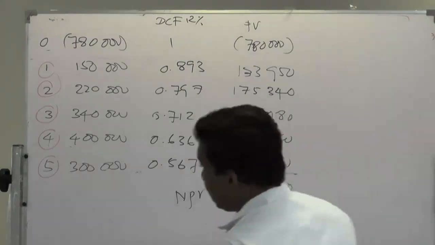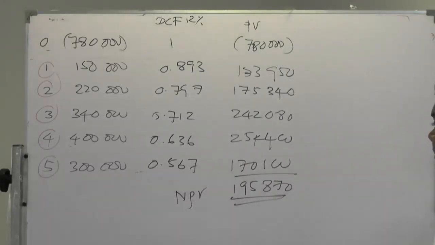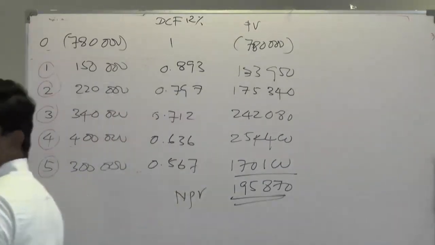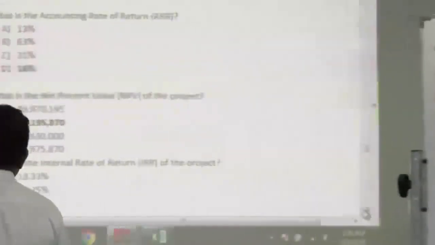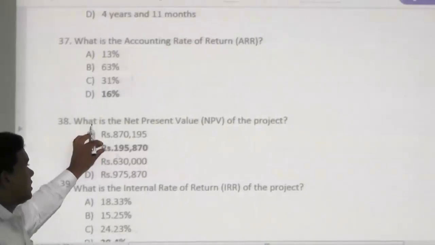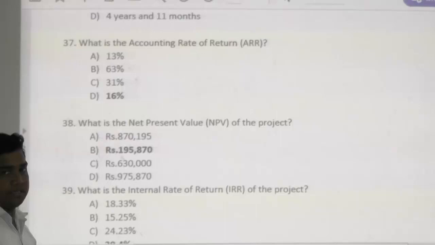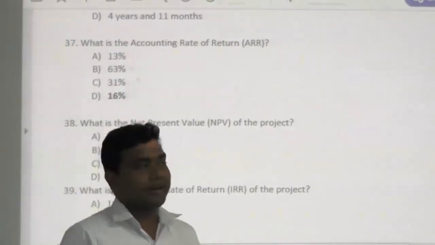Let's see, 195,870 will be the net present value. You can see, I think you have the paper in your hand also. The net present value, 195,870, right? It would be 195,870 net present value. Now our next duty is to calculate the IRR.